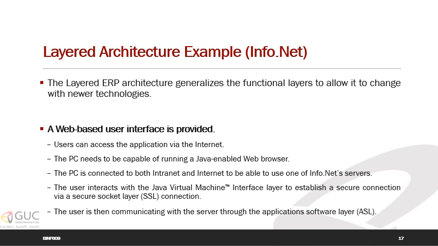The PC needs to be capable of running a Java-enabled web browser such as Internet Explorer or Firefox. The PC is connected to both the Internet and Intranet to be able to use one of the Infonet servers. The user interacts with the Java Virtual Machine interface layer to establish a secure connection via the Secure Socket Layer connection, where the user is then communicating with the server through the application software layer.